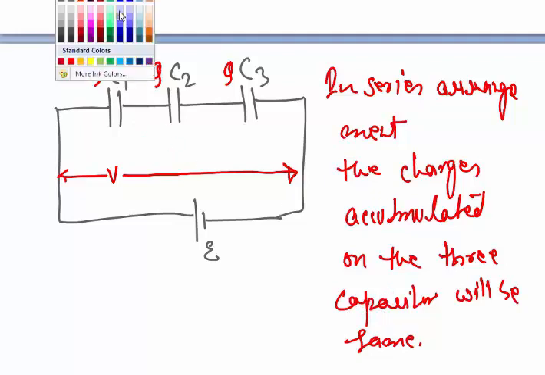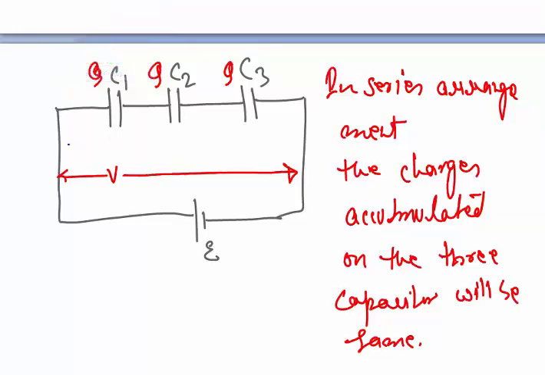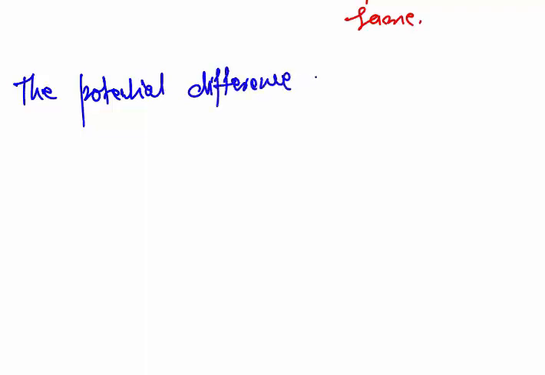Now when we see the potential difference: if this is V1, the potential difference across C1, this is V2 and this is V3, the potential differences are different in each capacitor.